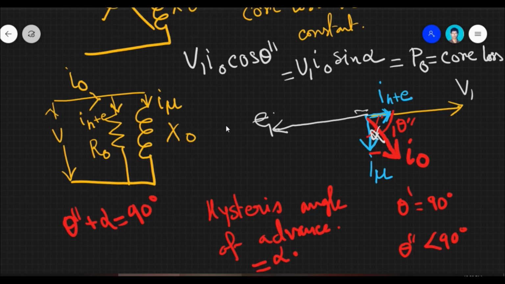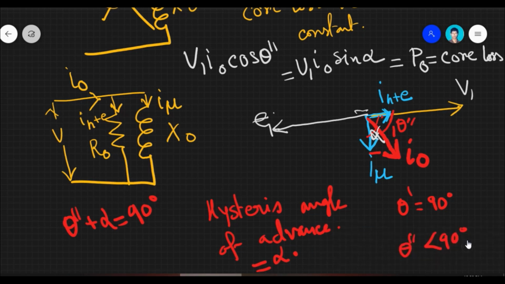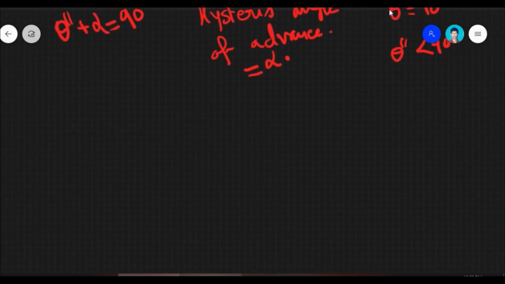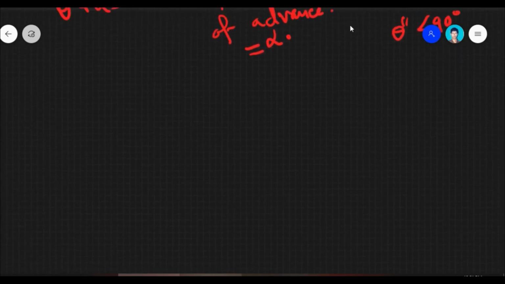Now let us move to the second part. I am going to remove that 3 and 4 both together. What was there in 3?